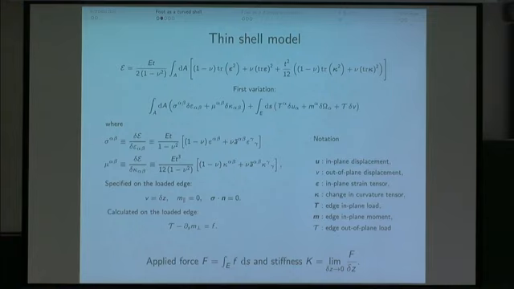And also, locally, it could curve away from its undeformed curvature. So that's kappa. And it's also quadratic in that. There are different factors of thickness between these two terms. The first variation gives you force and moment balance, which is what we solve.